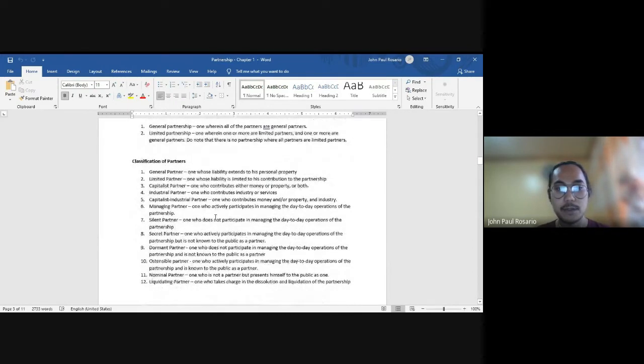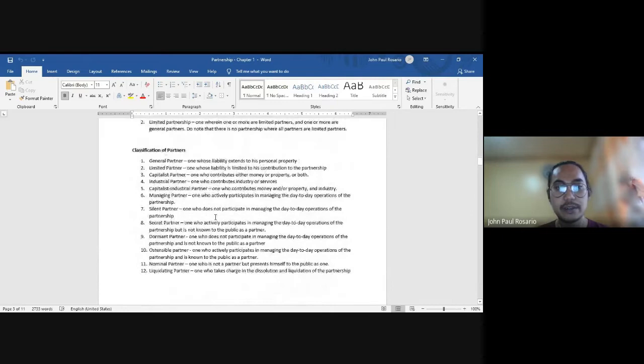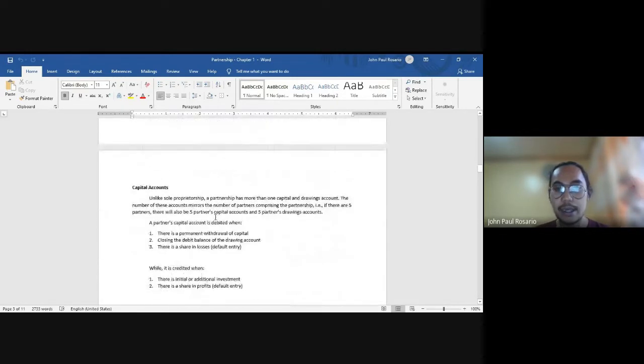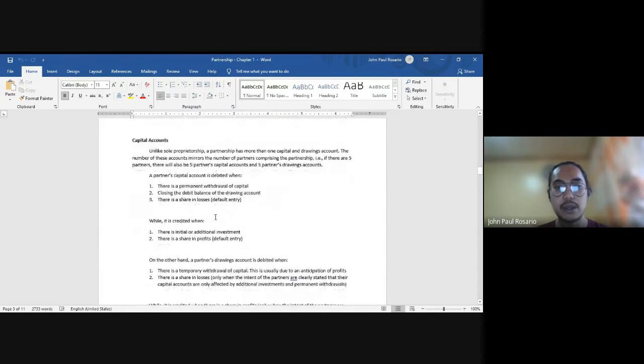I have also indicated 12 different classifications of partners, and the capital accounts present in a partnership. In comparison to sole proprietorship, wherein there's only one capital account and one drawing account, in partnerships, the number of capital accounts and drawing accounts should mirror the number of partners within the partnership.